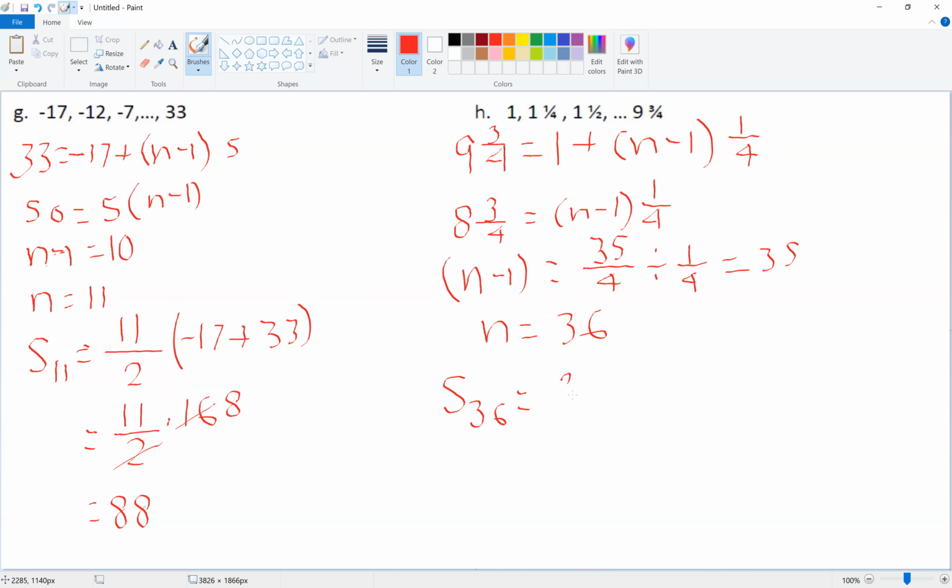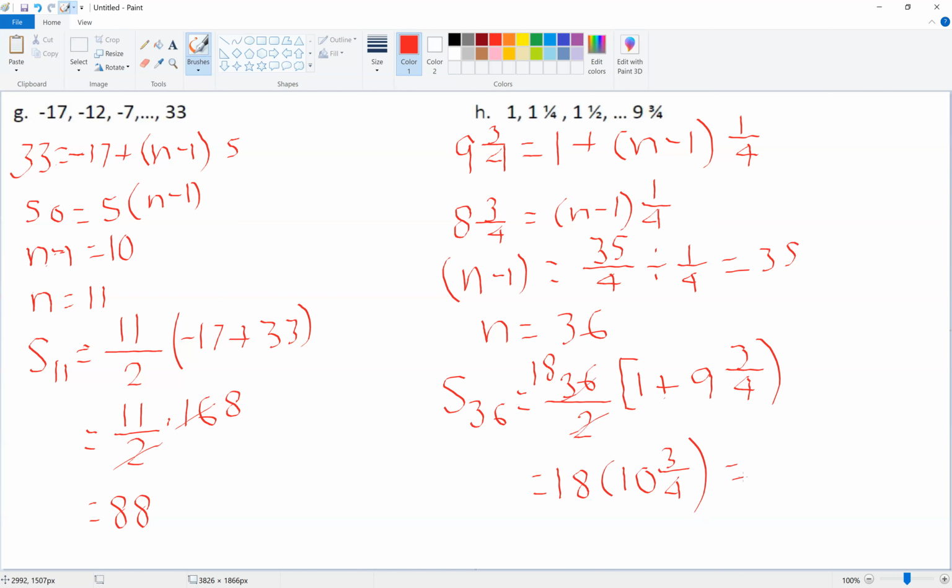Then I did the S of n, so S36 equals 36 divided by 2, multiplied by 1 plus 9 3/4, which is 18 times 10 3/4, which is 193 and a half.